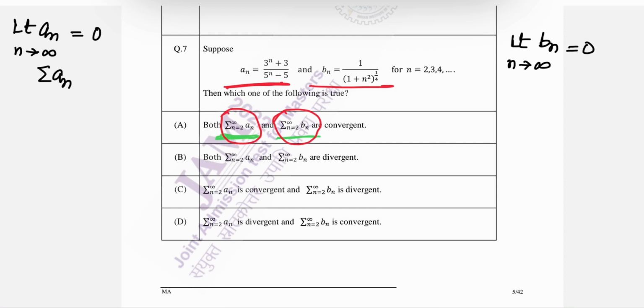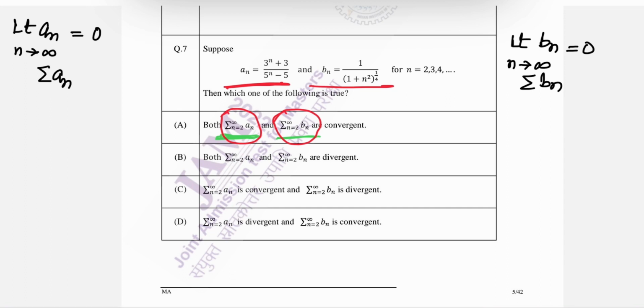So both the series satisfy the necessary condition. So we have to use a test to know whether these are convergent or divergent.